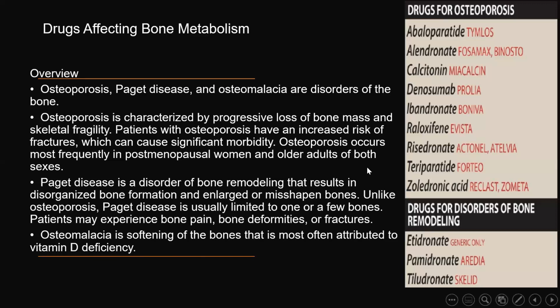And here we have the drugs that are used to treat these disorders, but mainly we will talk about osteoporosis and sometimes Paget disease, because osteomalacia is easily managed just by vitamin D replacement.